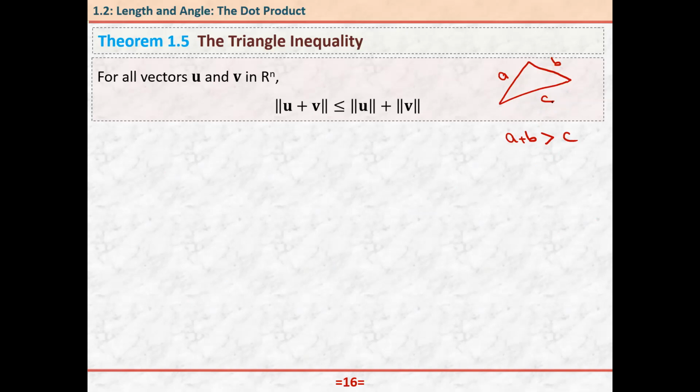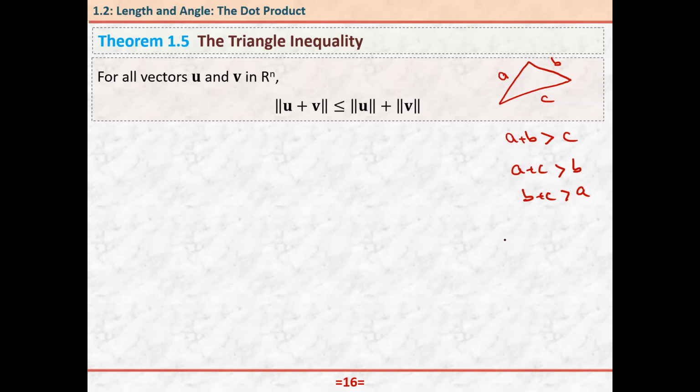If the sum equals C, it will be just a straight line. That is true for the other sides too: A plus C must be greater than B, and B plus C must be greater than A. Actually, you studied this in grade 6 or 7, if you can remember.